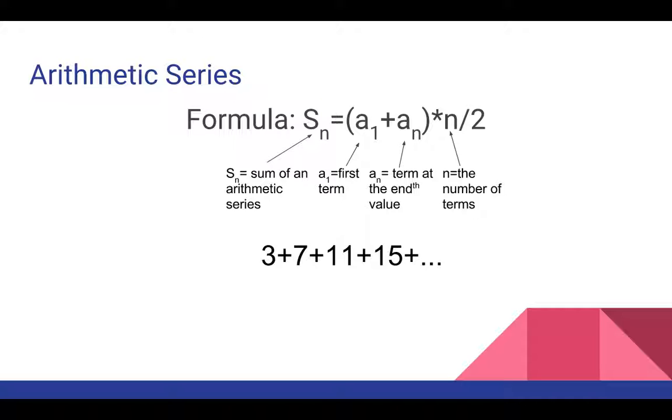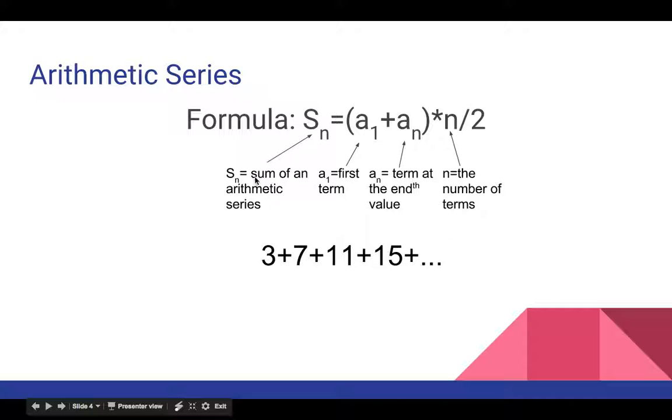So the first one we're going to learn about is the arithmetic series, and the formula is S of n is equal to a1 plus an times n divided by 2. And as we can see here, this is what each of these mean, or what they're asking for.